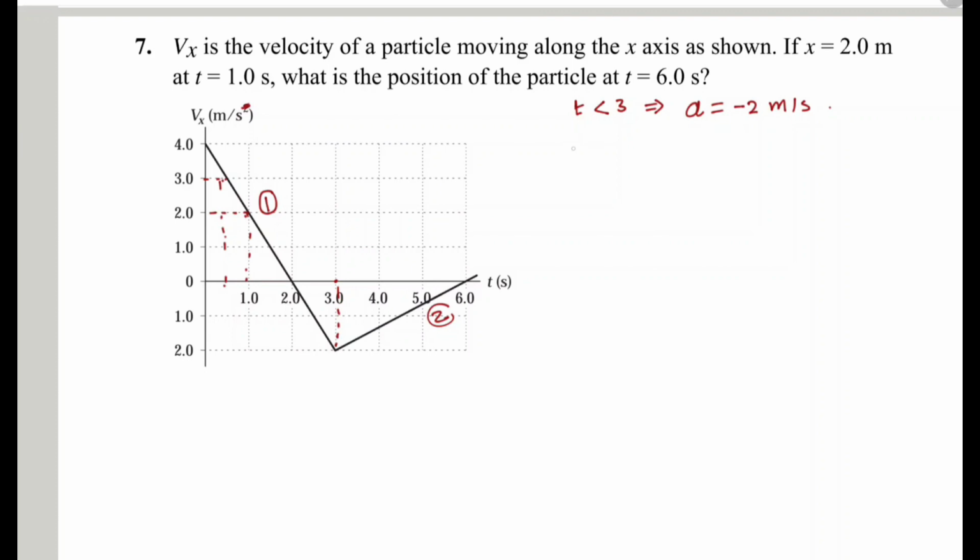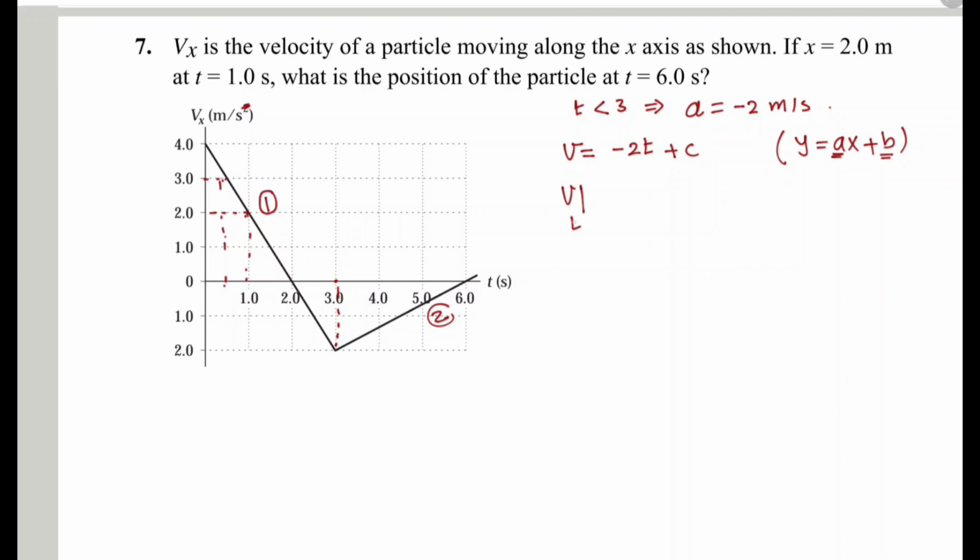And this is actually a linear equation, so v in this case is equal to minus 2t plus c. Remember, y equal to ax plus b. A is the slope, b is the intercept. So this is a similar equation as v here. The equation for a straight line is this one here.